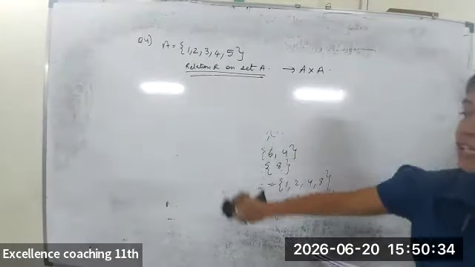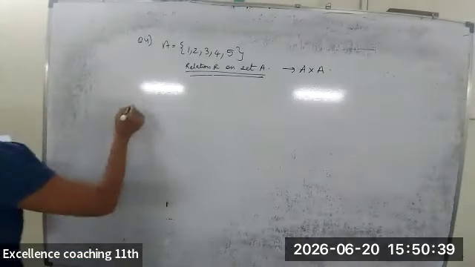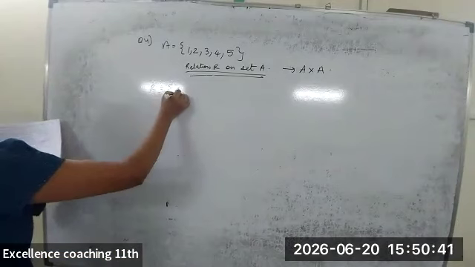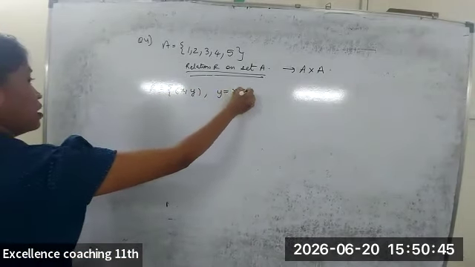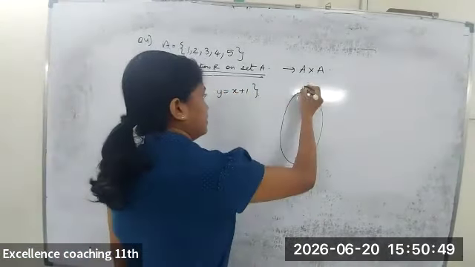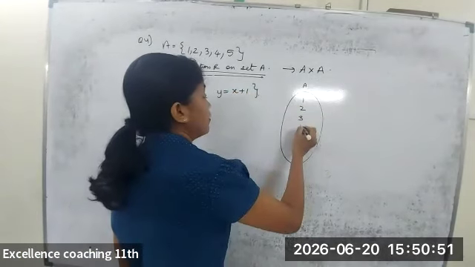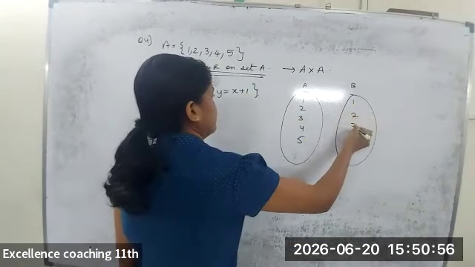And the formula given is we have to pick those elements such that some formula is given. So here it is A. This side also it is A only.